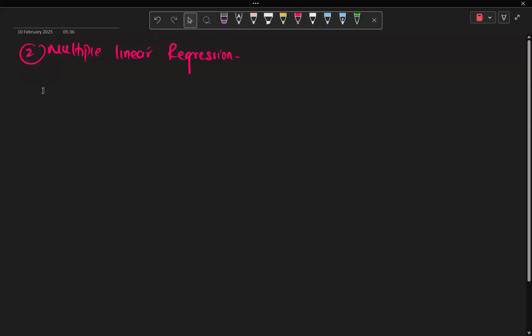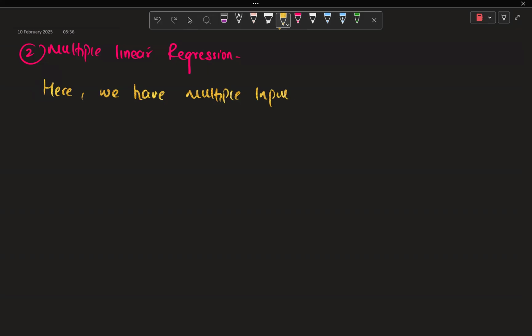Input might change, but the output will only be one. Here we have multiple input columns and a single output column.